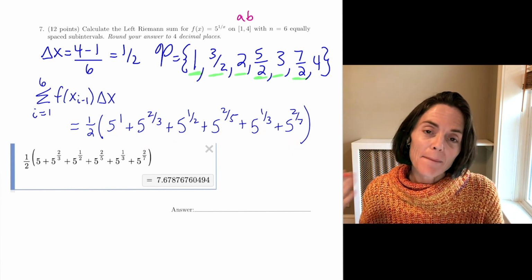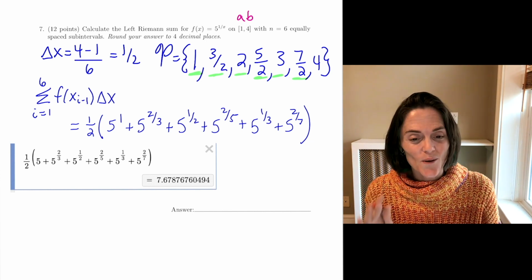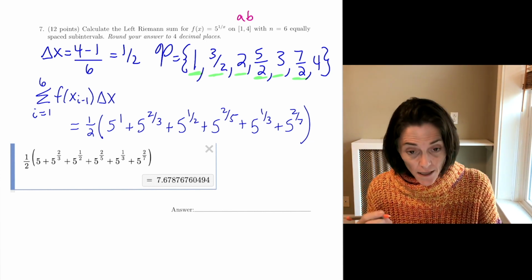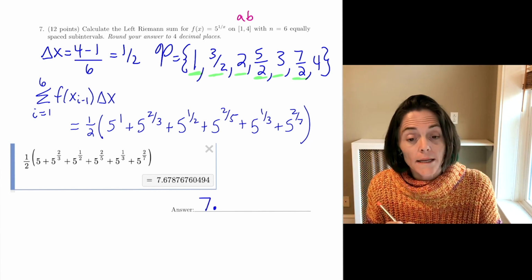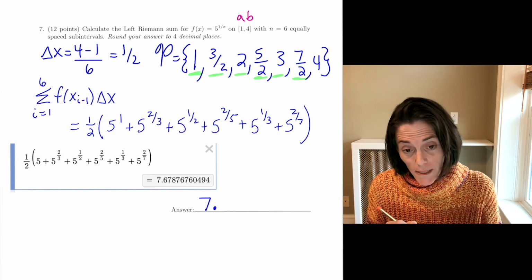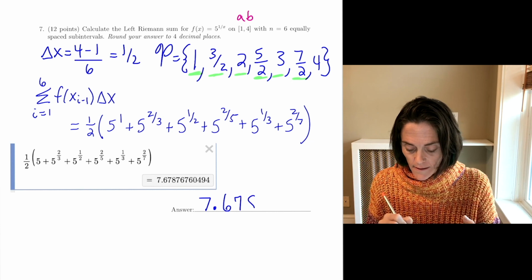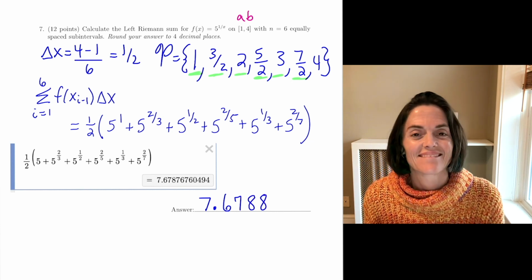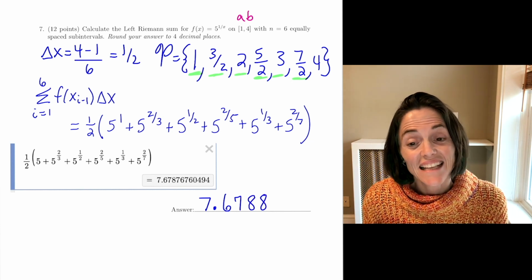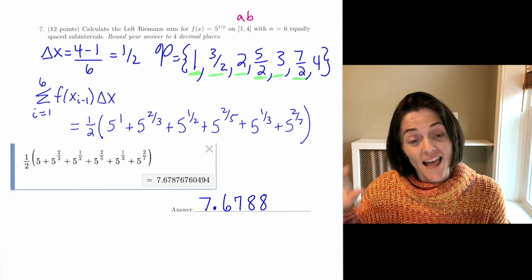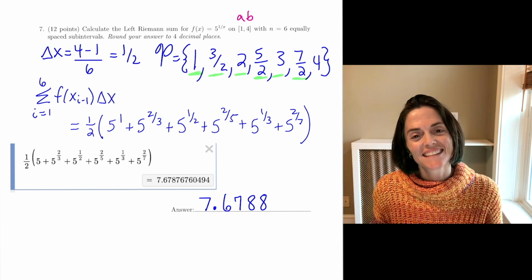We could have some big time rounding errors. So let's round now. We get 7.6788 to 4 decimal places. This is the answer to this left Riemann sum.